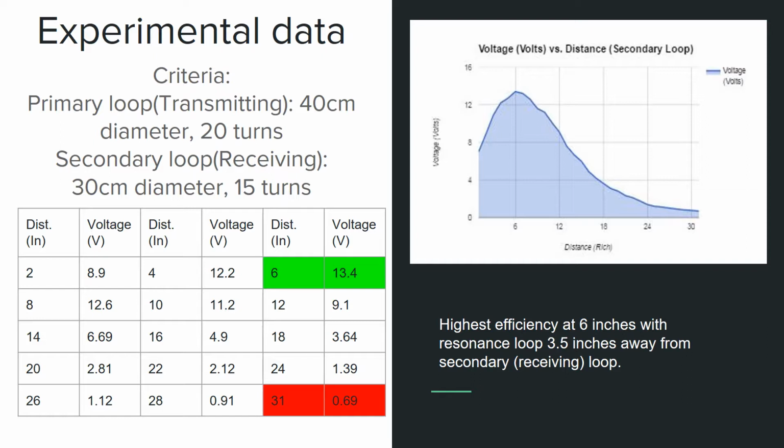We were able to see that we got the highest efficiency at 6 inches away from our primary loop. We were able to gather 13.4 volts at a distance of 6 inches, and we were also able to gather data of 0.69 volts at a distance of 31 inches away.